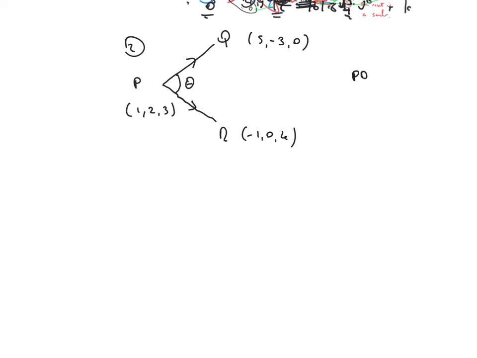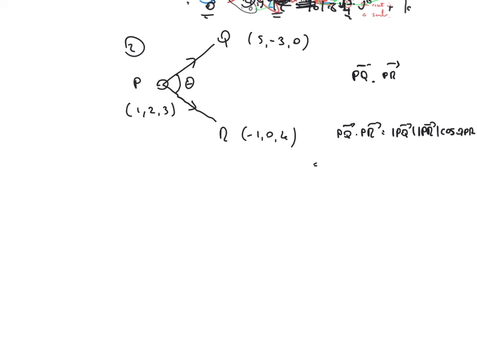Okay, this one we're looking for PQ dot PR. So PQ dot PR is equal to the magnitude of PQ multiplied by the magnitude of PR multiplied by cos of the angle in between, which is QPR.